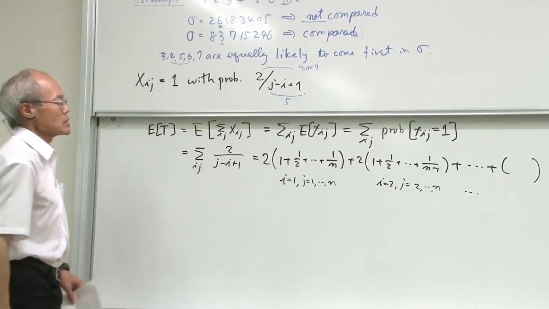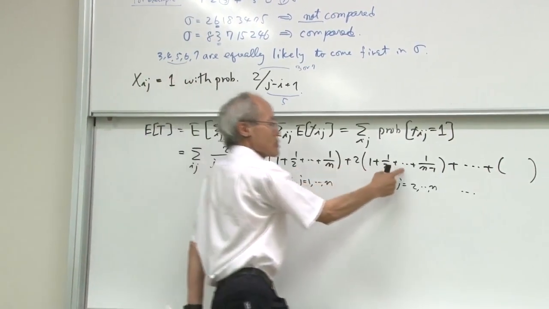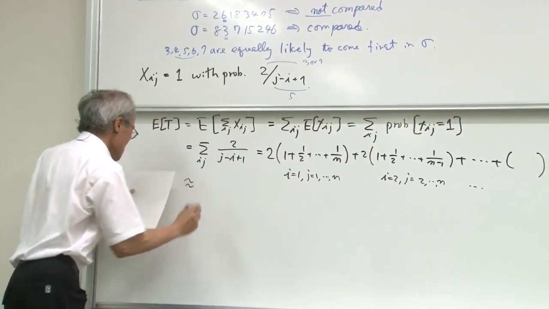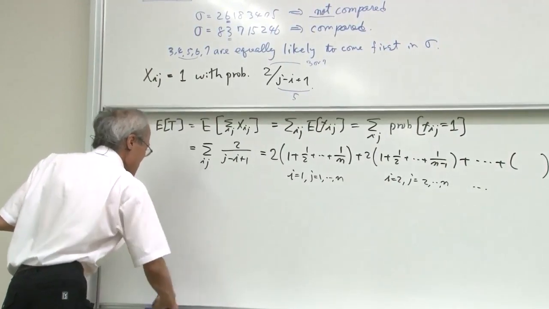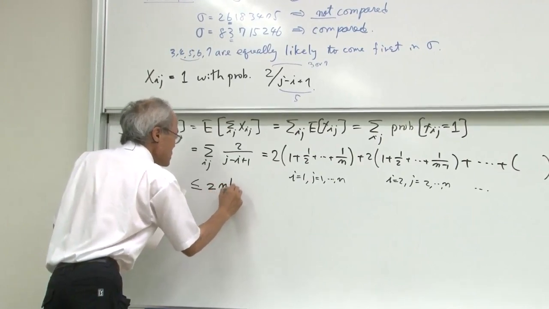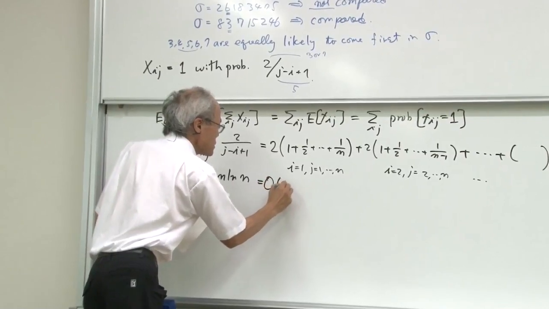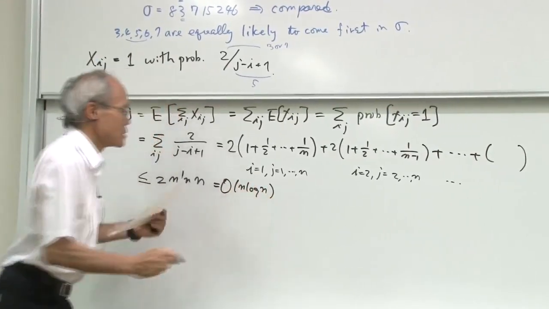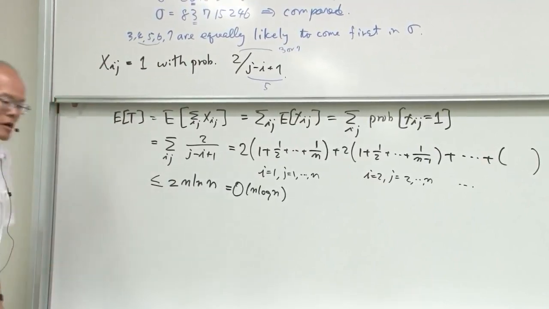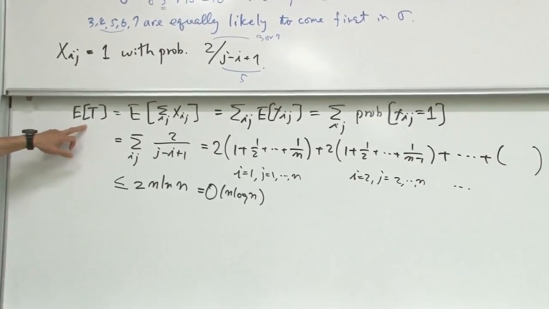And you already know that this part is almost log n. And this is all log n and log n. Oh, no, I'm sorry. It's up to 2 times n log n. This is big O of n log n. So the expected value of computation time is n log n.